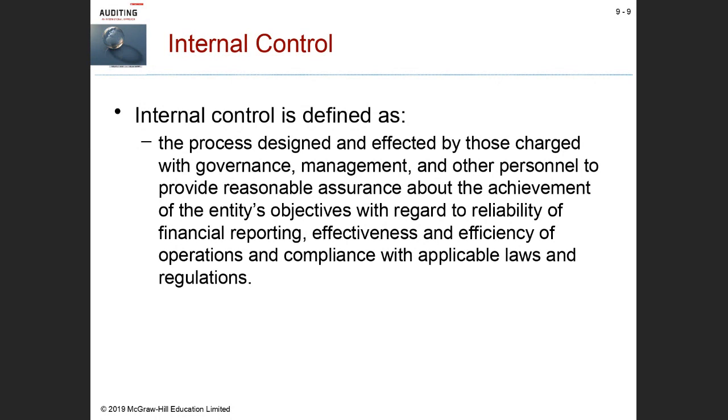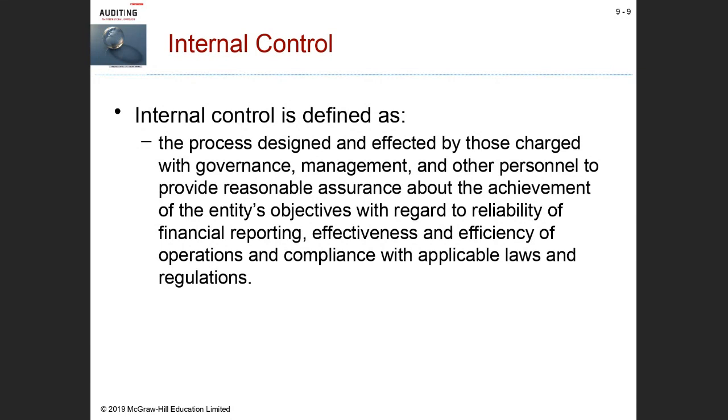The reliability of financial reporting. It's important that our financial statements are correct so that our external users have confidence that we're showing the real state of our business. Internally, we need good information. If we have good information, we can make better decisions. We have a phrase that we use, garbage in, garbage out. If our information is poor, management doesn't have a chance at making a good decision because they're going to have bad information to try and make a good decision.